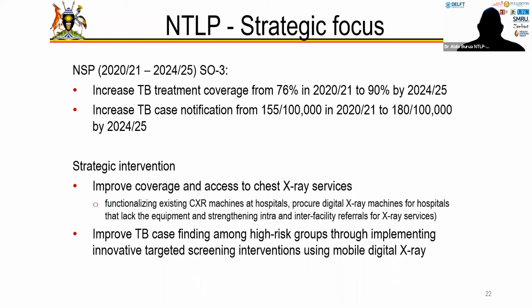The strategic interventions include, specifically for chest radiography, that we would like to improve coverage and access to chest X-ray services by functionalizing the existing X-ray machines at hospitals, and also procure digital X-ray machines for hospitals that lack the equipment, and strengthen intra and inter-facility referrals for X-ray services. And then we also want to improve TB case finding among high-risk groups through implementing innovative targeted screening interventions using the mobile digital X-ray systems.